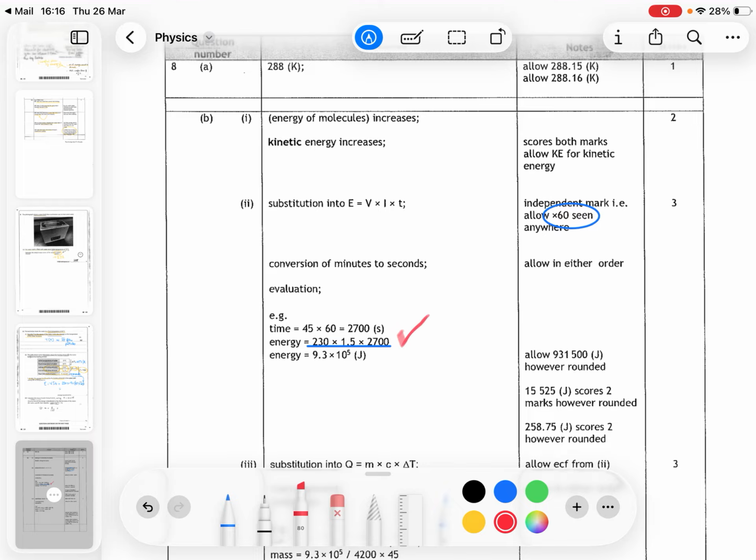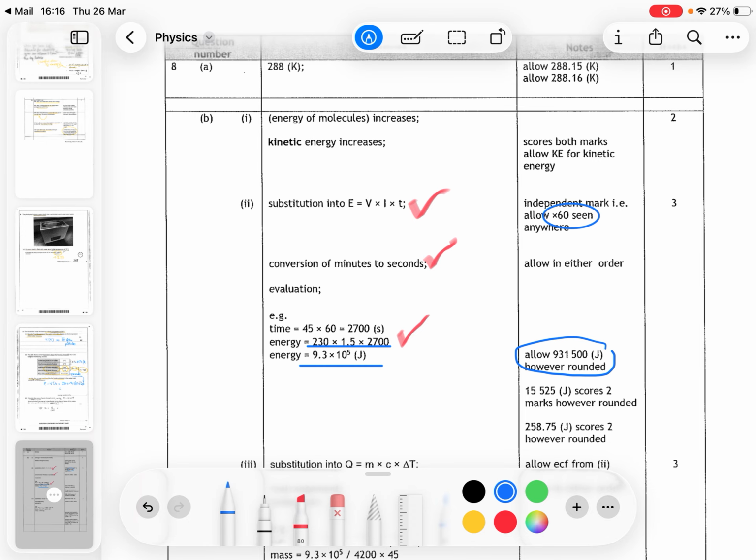We use the equation, put the numbers in, and the answer in your calculator should come to this. And you leave it in standard form if you want to.